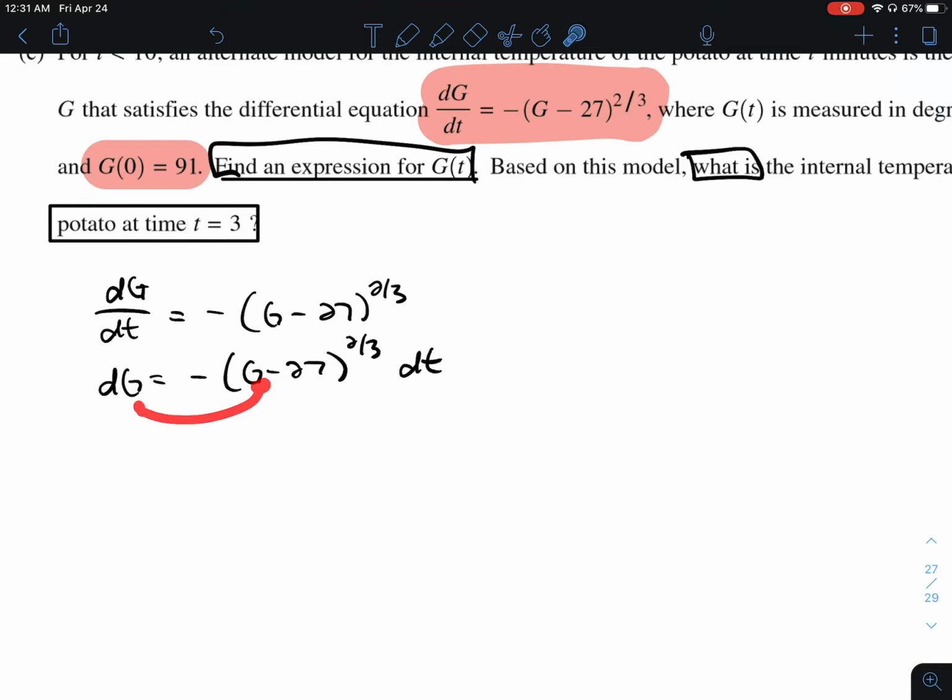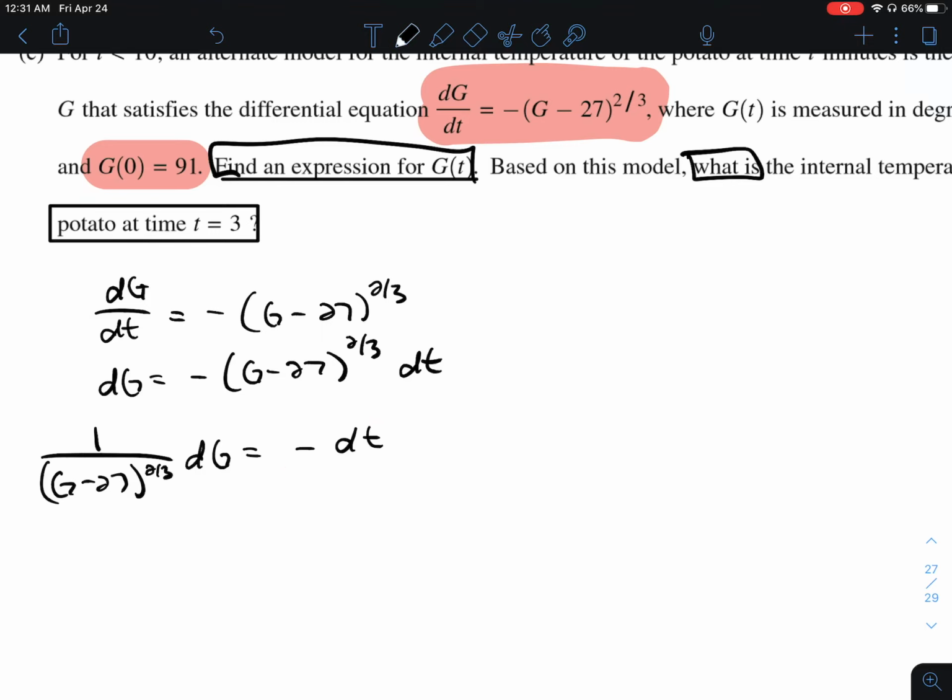Now I need to get this g over here with this g, so the g's are on the same side. So I'm going to divide both sides by this. I'm going to leave the negative here. If I took the negative over here with me, it would be fine. I'm not going to. So this is 1 over g minus 27 to the 2/3 dg equals negative dt.